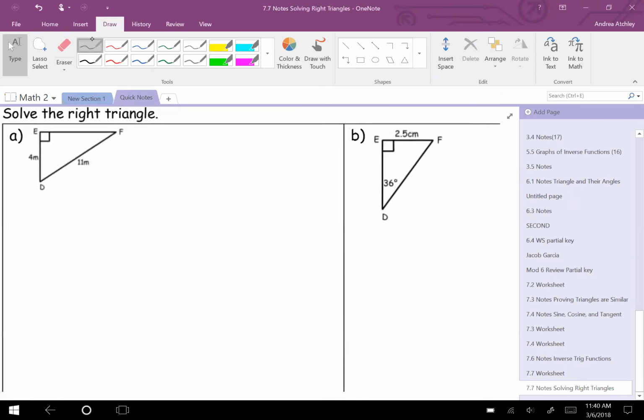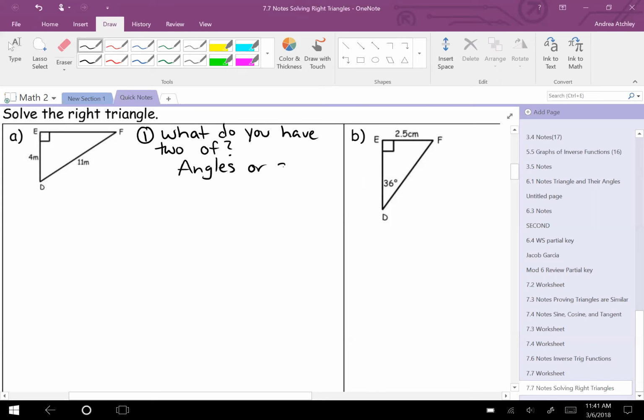So your first step is to ask yourself, what do you have two of? Do you have two angles, or sides? So in this first one, what am I given?